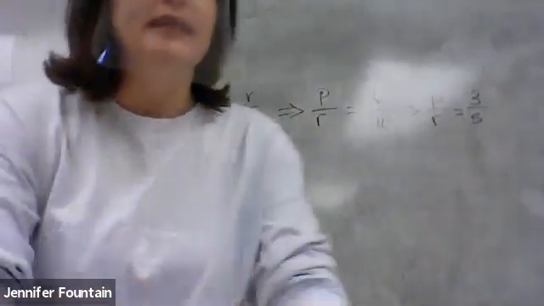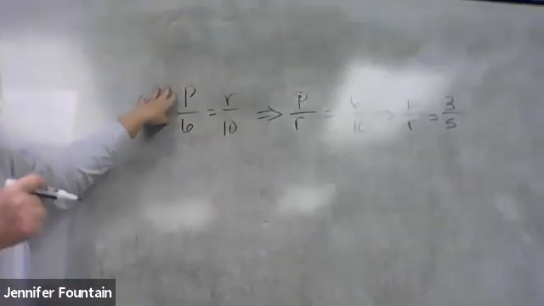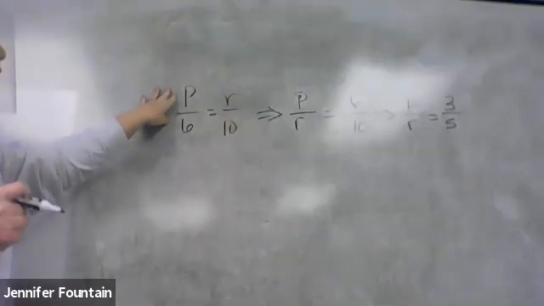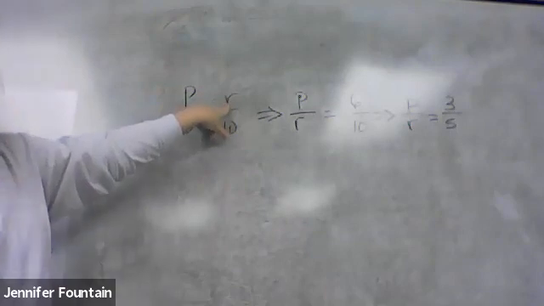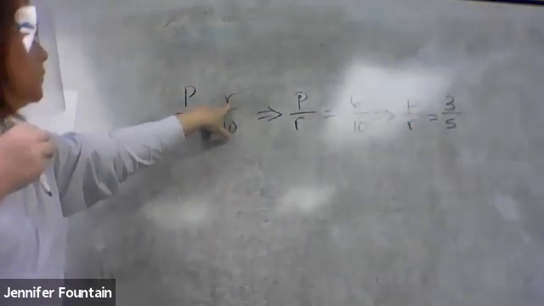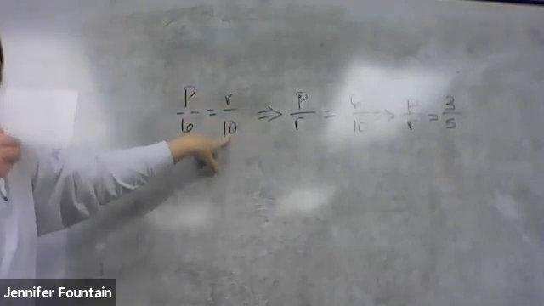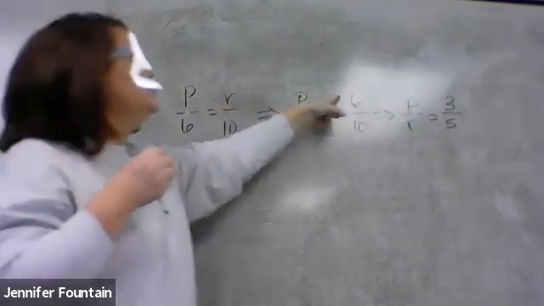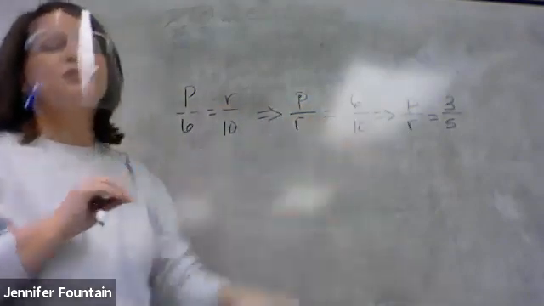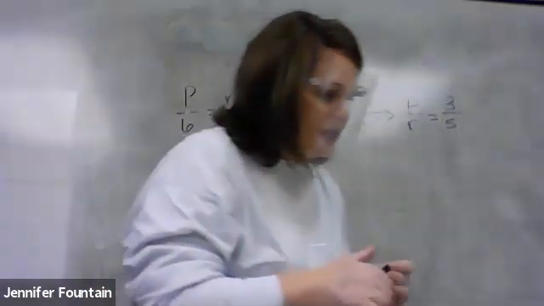So what they did is they started out with my original proportion, then they used our third property that we just talked about, where I put numerator over numerator is equal to denominator over denominator, but then they reduced 6 over 10. So is this a true statement? Yes. Good.